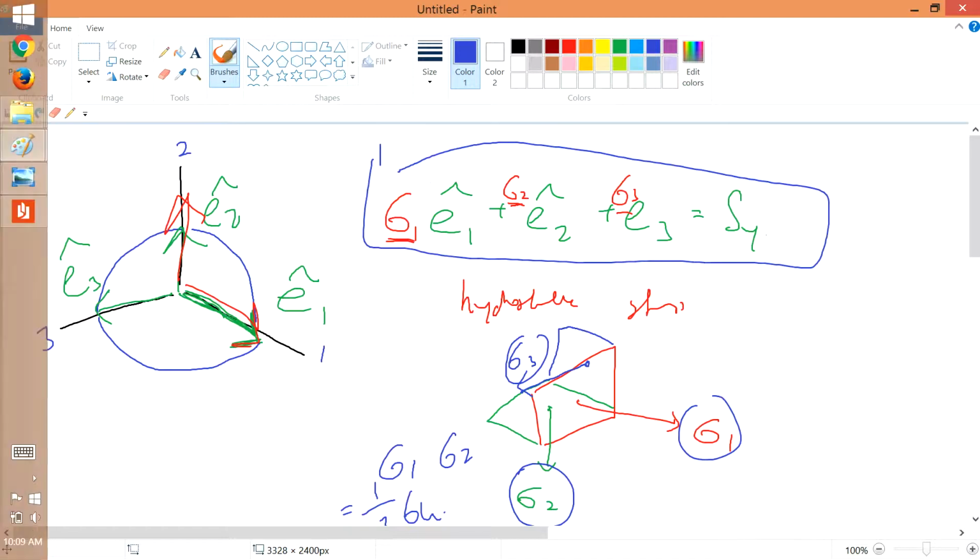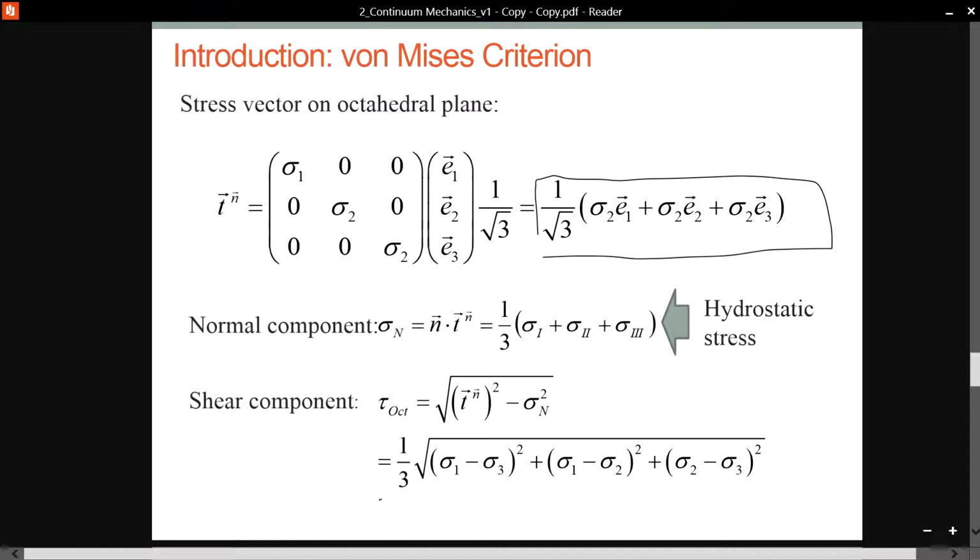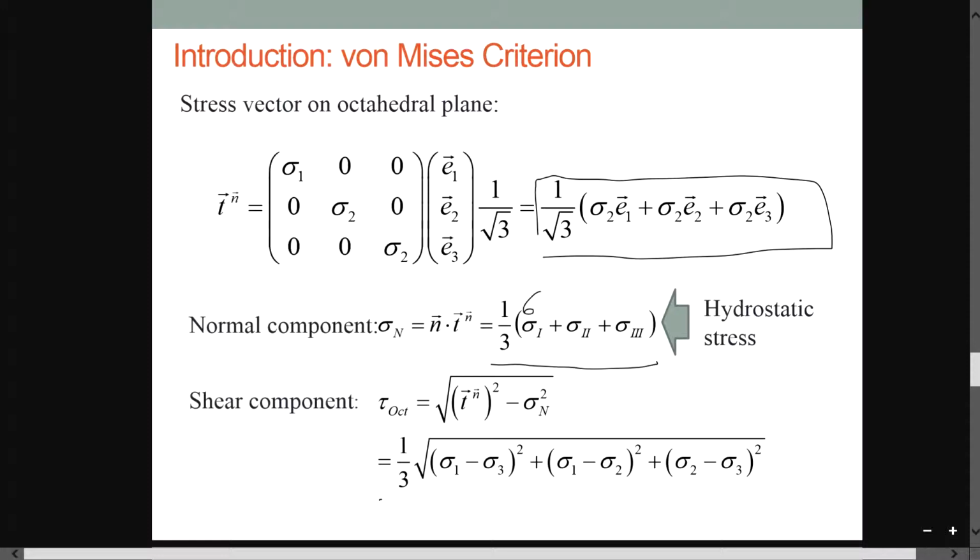If you look in your PPT over here, this is your sigma h. You add all your terms and then divide it all by 3. Therefore this is your normal component, or your hydrostatic stresses. Then if you take your Ky, this is your shearing, you minus away your normal component.